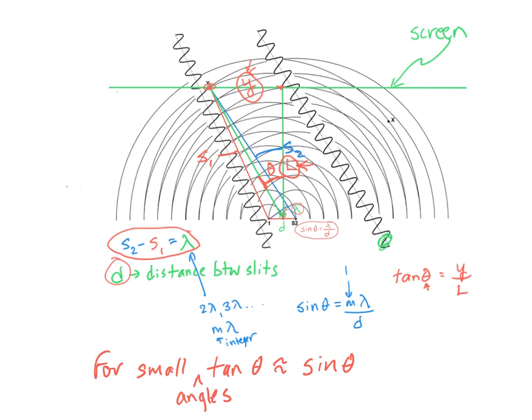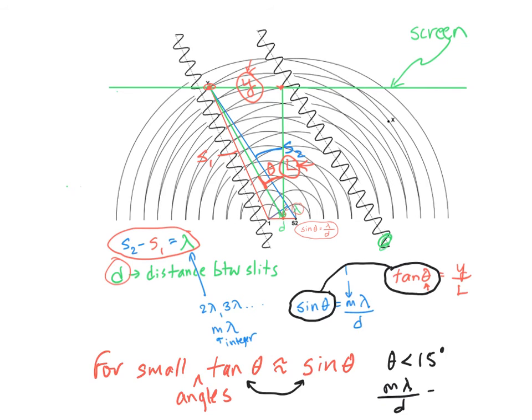So that's kind of convenient, because what I'm going to do now is set sine theta equal to tan theta. If they're approximately equal for small angles, and I'm talking about angles less than about 15 degrees, which the angles in this particular experiment are on the order of maybe 2 degrees at the most, that means that m lambda over d is going to be equal to y over L.